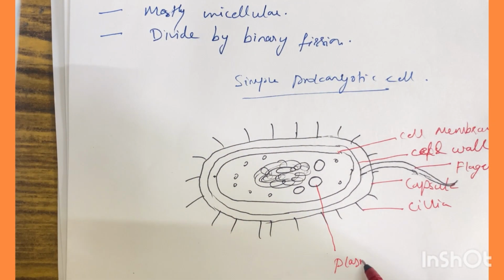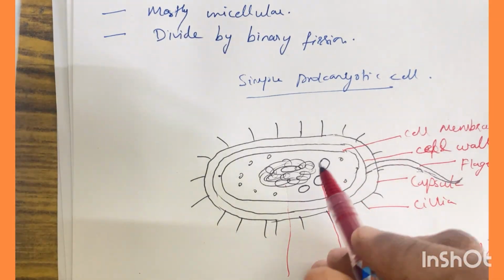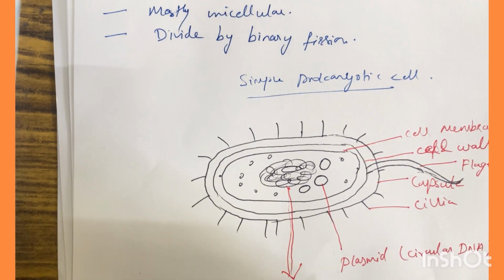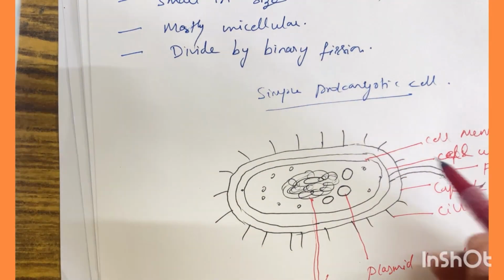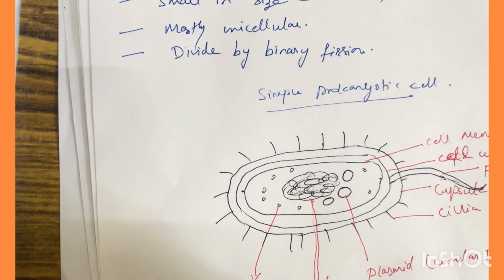And this is your plasmid. And what is a plasmid? It is a circular DNA. Okay. Now what is this? This is a nucleoid, the place where genetic material is present. Apart from that, you have lots of smaller granule kind of thing, which is ribosomes, which helps in the formation of proteins.